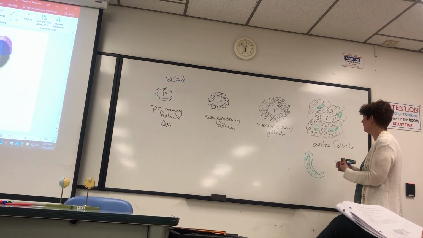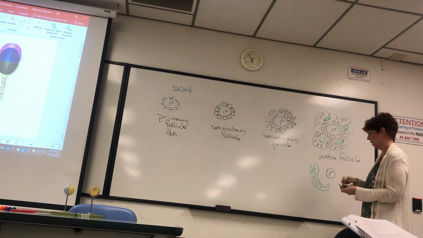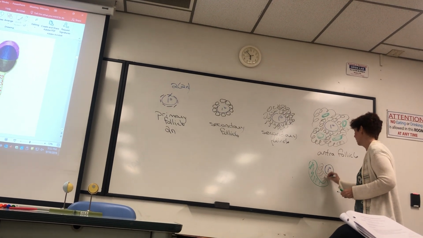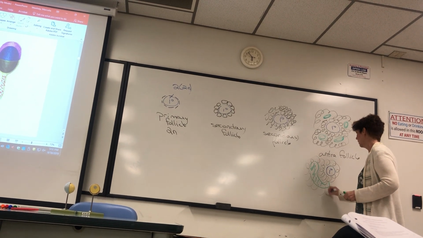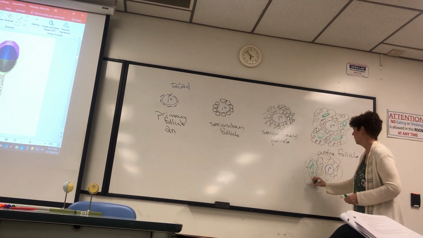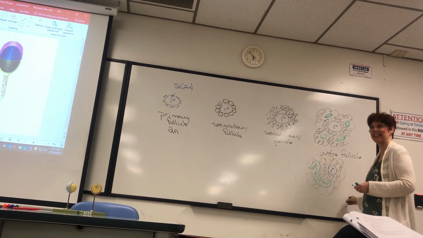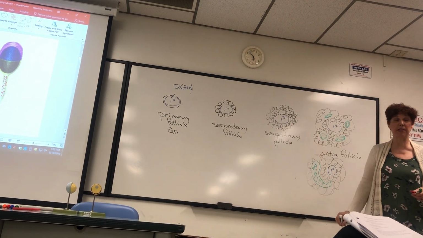So we can see a small space here. It's still an antral follicle, still a primary oocyte. And I just haven't drawn in the zona pellucida, and I haven't drawn in the theca interna cells, which would be visible easily by the time we reach that stage.